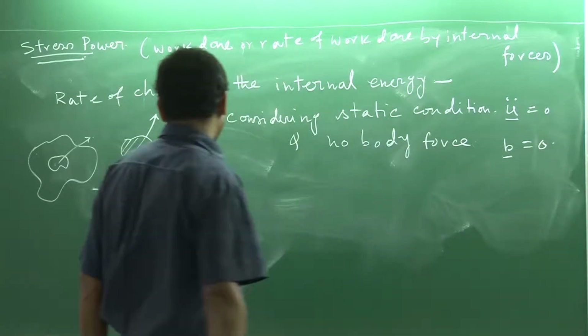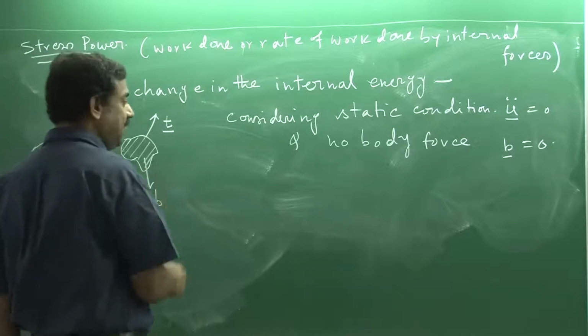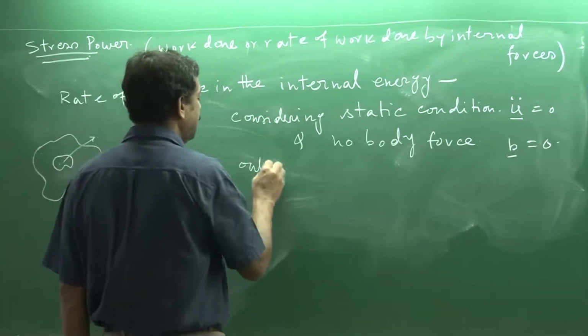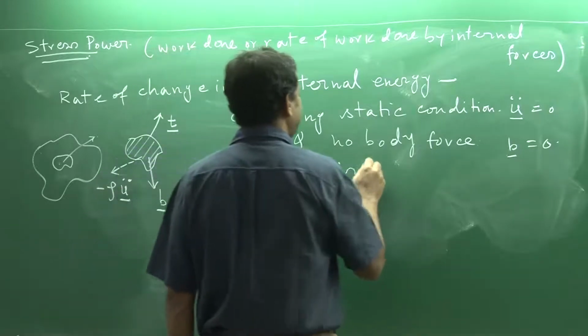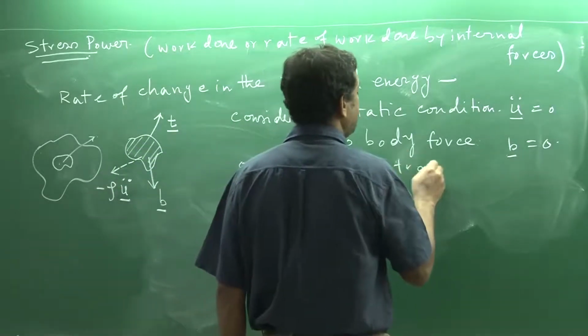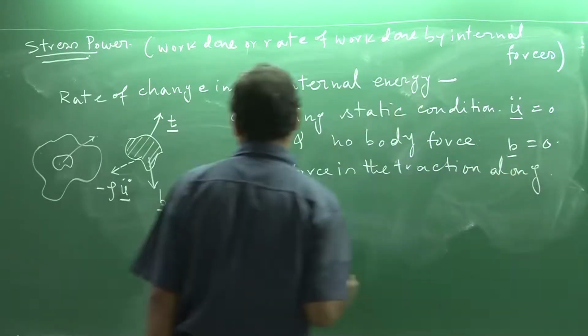So, only the traction vector T bar remains, the traction along the surface.